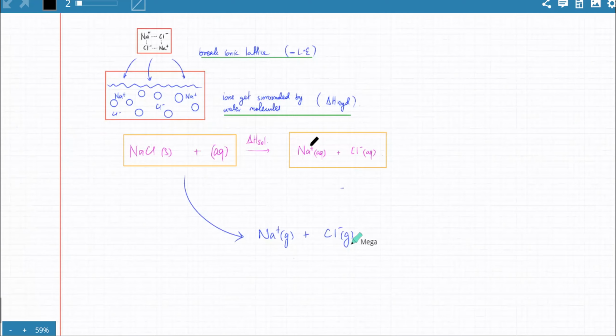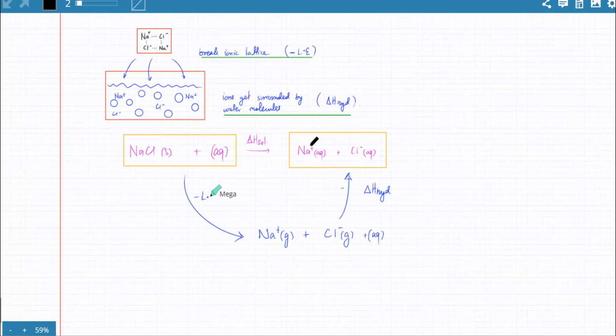Up here, in gaseous ions, you're going to hydrate them. You're going to mix them in water, and they're going to turn into aqueous ions. Okay? So these are your two steps. This is your enthalpy change of hydration, and that one is the negative of lattice energy. Why negative? Because you're trying to break the lattice.